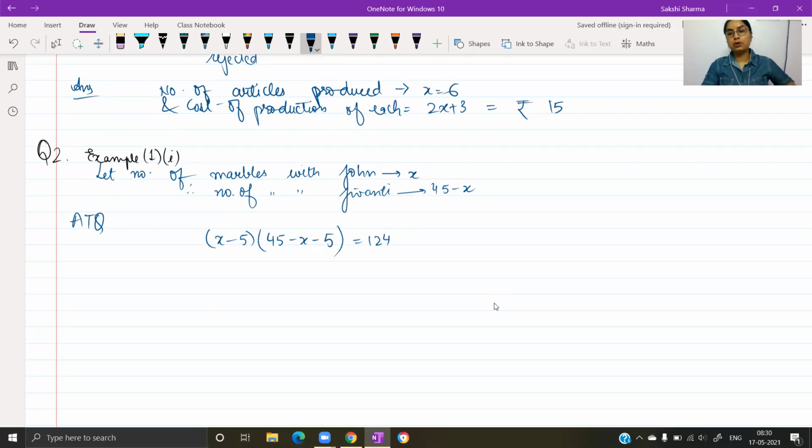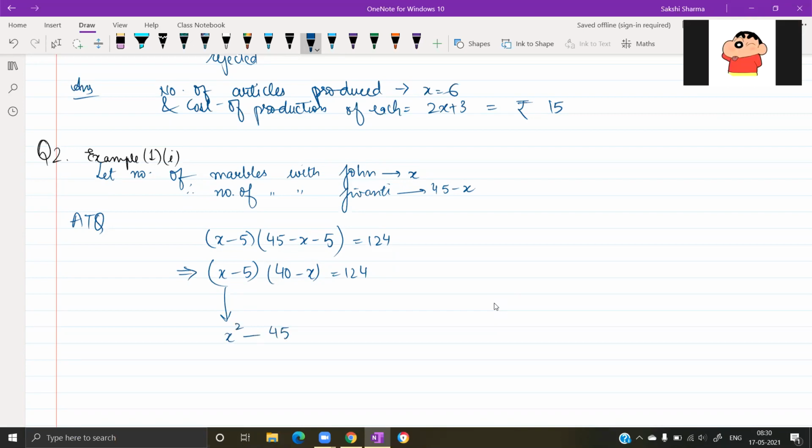The product of the number of marbles each of them has after they lose 5 marbles each. So x minus 5 multiplied with 40 minus x equals 124. Simplify. The equation you are left with will be x minus 36, x minus 9. x square minus 45x plus 324 equals 0. This is the equation you obtain after simplification.